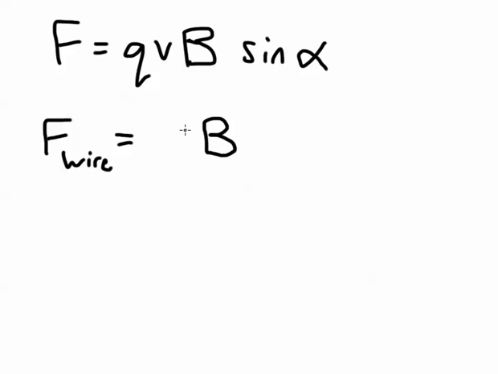And we also want to say that if there's a large current, there should be more force on a large current than on a small current. So there's probably an I in there, the current. And we also would expect that the force on a long wire would be more than the force on a short wire. So there's also an L here. So the force on the wire is the current times the length of the wire times the magnetic field.